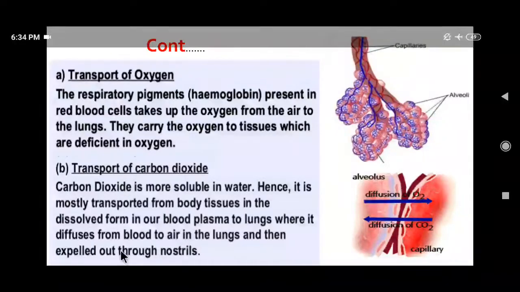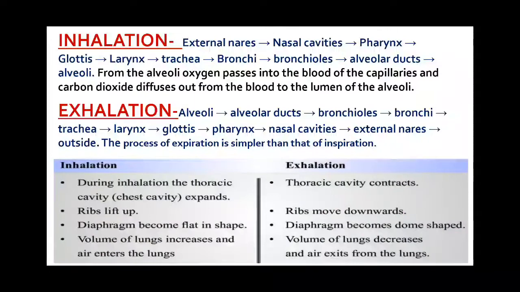Okay, now inhalation and exhalation, this is the last summary. Okay, so we saw that the contraction and expansion of the lung is brought about by the diaphragm muscle and external intercostal muscle.